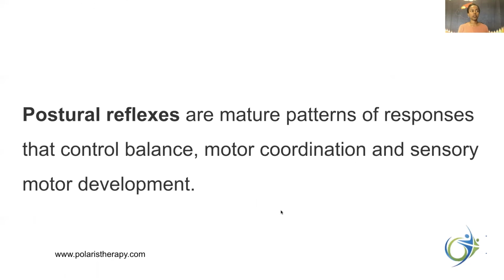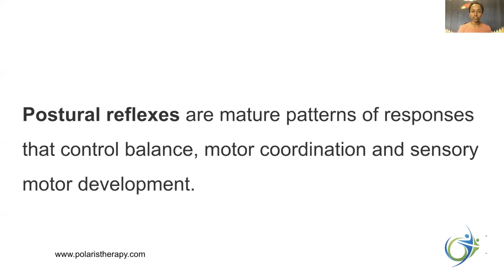So these postural reflexes are mature patterns of responses that control balance, motor coordination, and sensorimotor development. You can think of primitive reflexes as the foundation of the child's development. This is the bottom. The first thing you want to see happen is these primitive reflexes, one, present and active, then integrating.